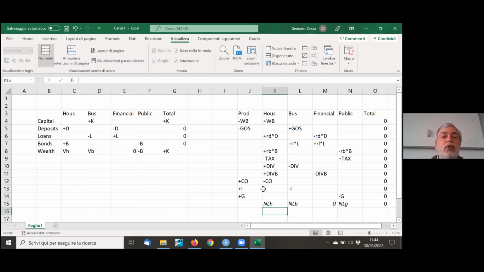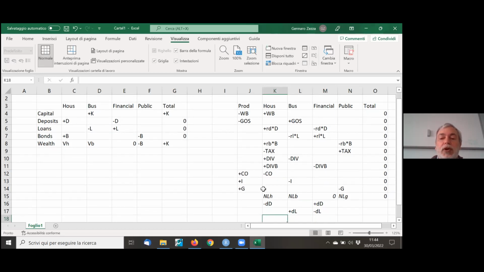And here we want to have the change in deposits. Let's call this D. The change in loans and the change in bonds.